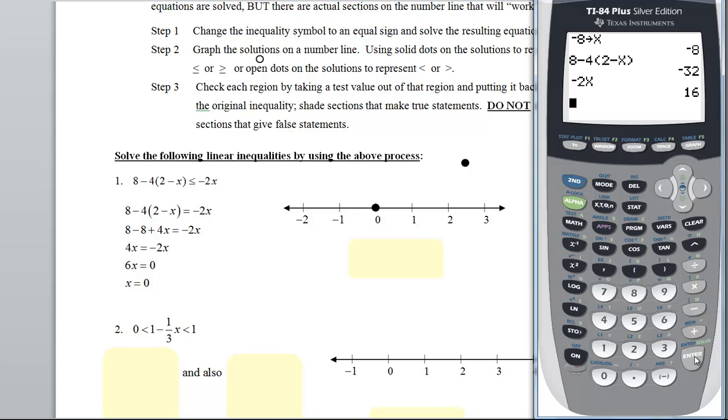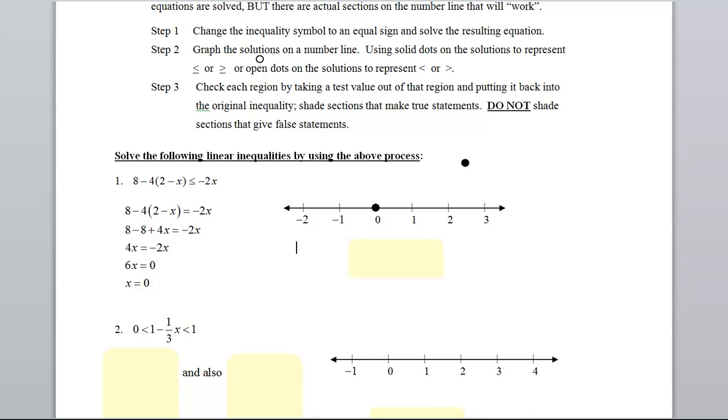So now I've got to go back to my inequality. The left-hand side was negative 32. The right-hand side is 16. So here's the statement: negative 32 is less than or equal to 16. If that's a true statement, I shade that side. Well, it happens to be a true statement.